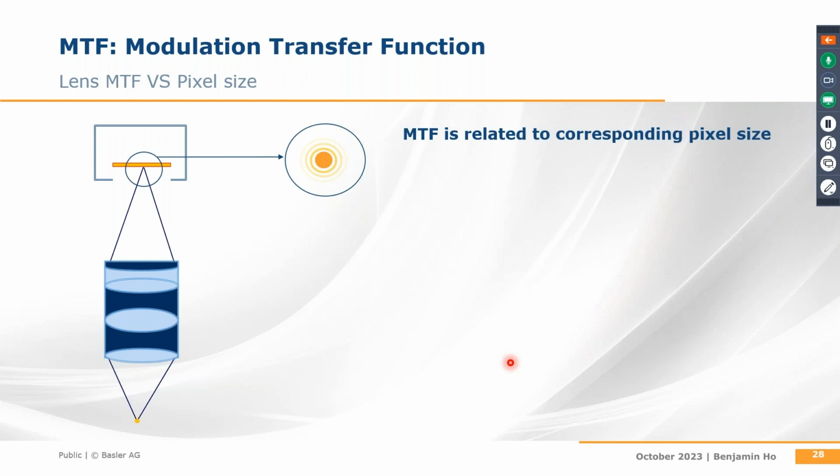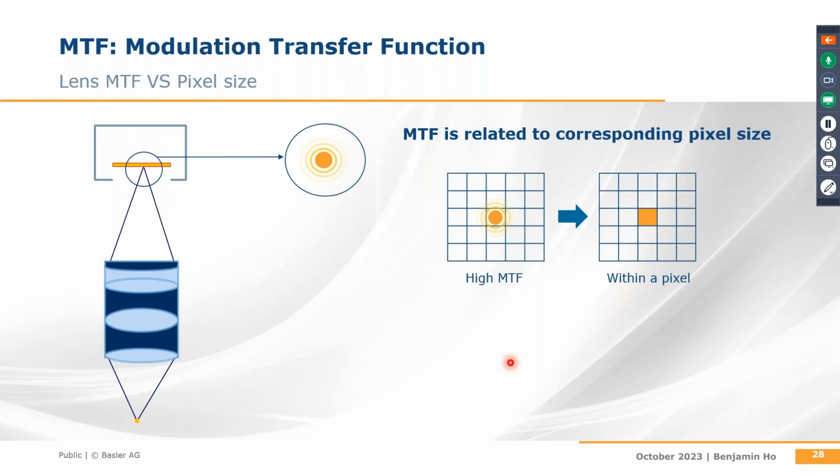If the lens curve shows that it can reproduce a certain spatial frequency with high contrast, then the smaller pixels can capture this frequency more accurately because they have the resolution to do so. In other words, when the LP size is within a pixel size, it corresponds to high MTF. Smaller pixel size can take advantage of the lens ability to resolve fine detail.